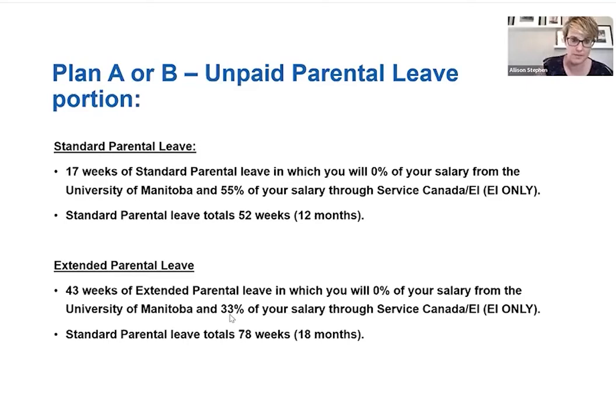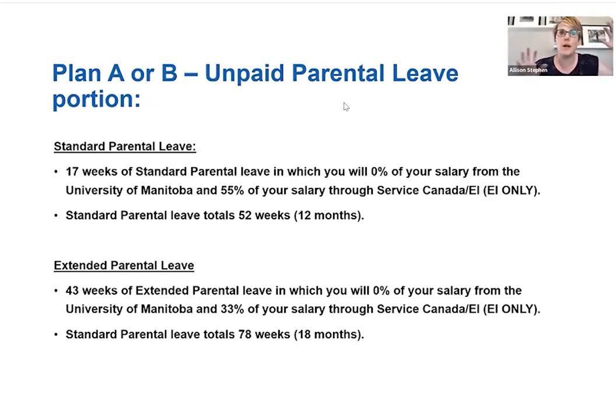for the remainder of the 18-month period. So for Plan B, the university will always pay you at the front end of the parental leave. So we would pay you the first 18 weeks, and then after that, we don't pay you, and you're on EI only. And so that's important to think about.